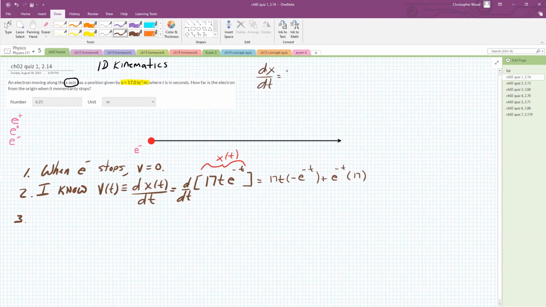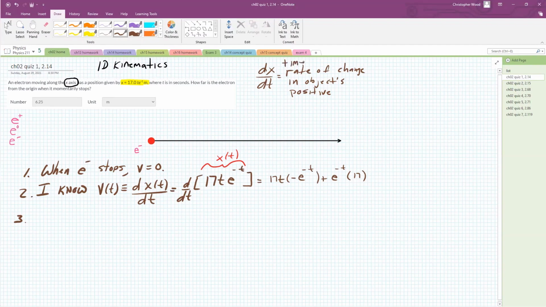This is telling you the rate of change in an object's position. This is what derivatives do. Derivatives are basically slopes. When you do a derivative, you're taking a slope, which is a rate of change. And specifically, I should include it's the time rate of change. There's a lot of rates.